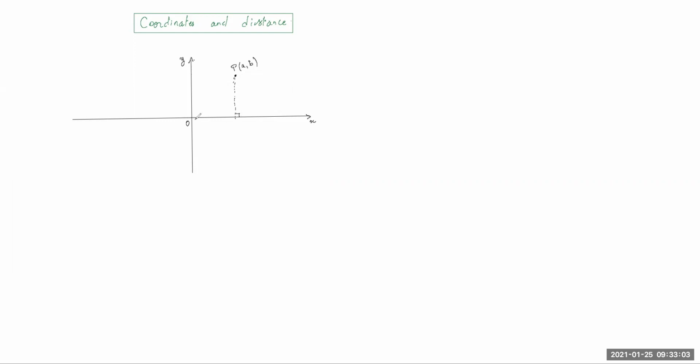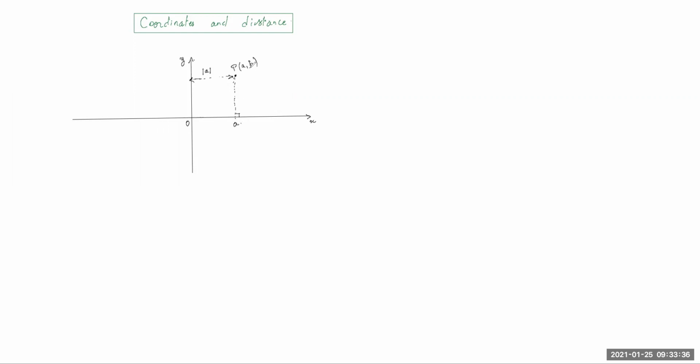The distance of my point to the y-axis is the number a, or the absolute value of a. So this is exactly the distance, if you look at your projection here, the absolute value of a, and we put the number a here.